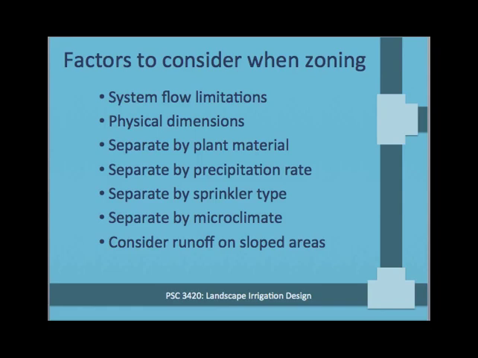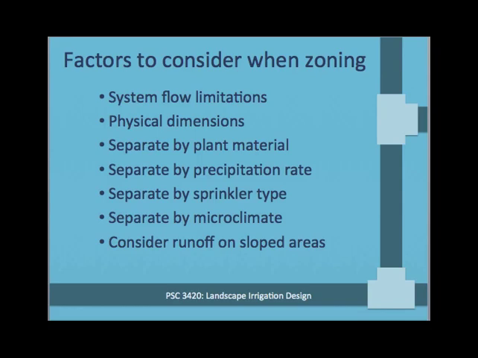You're going to want to separate zones by precipitation rate and sprinkler type. And what those two things get at are the fact that different types of sprinklers have very, very different precipitation rates. Namely, spray heads and rotors have very, very different precipitation rates. And like I mentioned in the last lecture, rotors tend to have about half the precipitation rate of spray heads. So that's going to be really important to keep those separate.